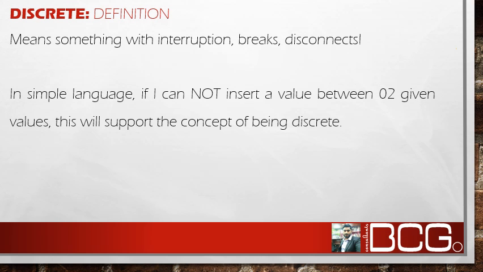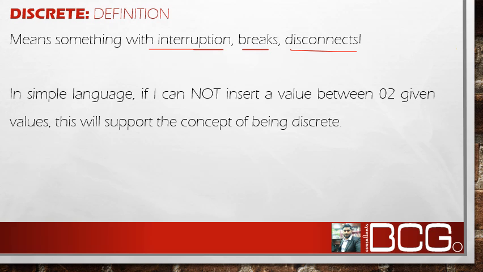Okay, moving on to the discrete one. Being the opposite of continuous, it is simply discrete. In a simple way, it is something with interruption, where there is a break or disconnect in between.